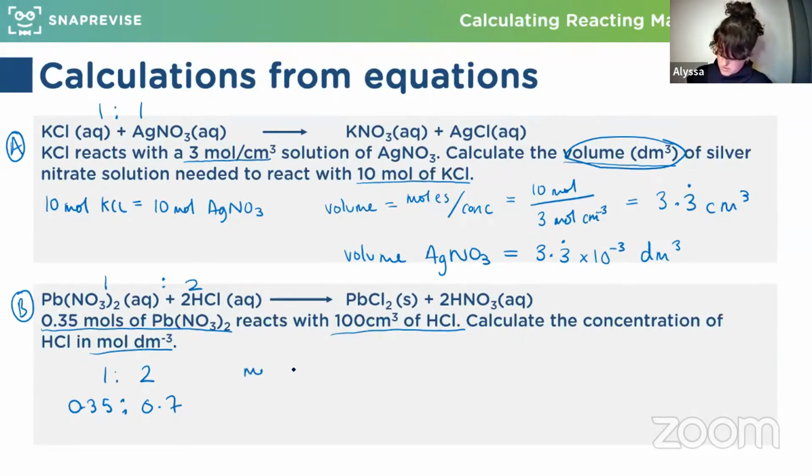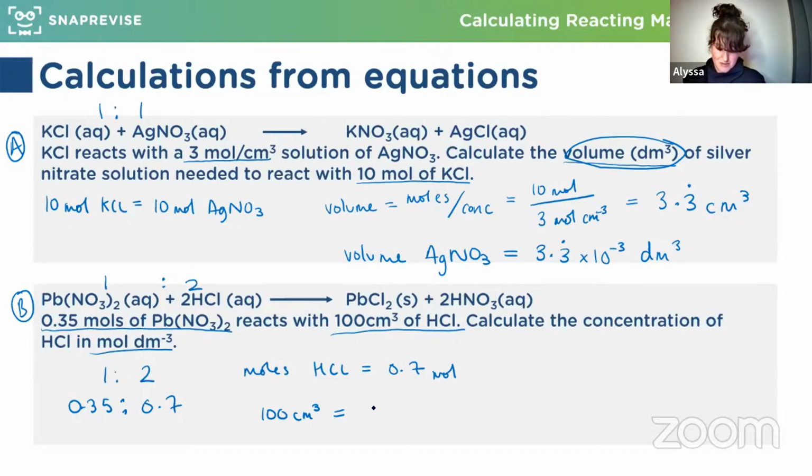So our moles of HCl is 2 times 0.35, which is 0.7. That's how many moles we need to react with our lead nitrate. We need that many moles in 100 centimeters cubed, but they want the concentration in decimeters cubed. So I can convert my volume to decimeters cubed. Again, I personally would prefer to do it while it's just a straight volume, not a concentration, because it's harder to make a mistake.